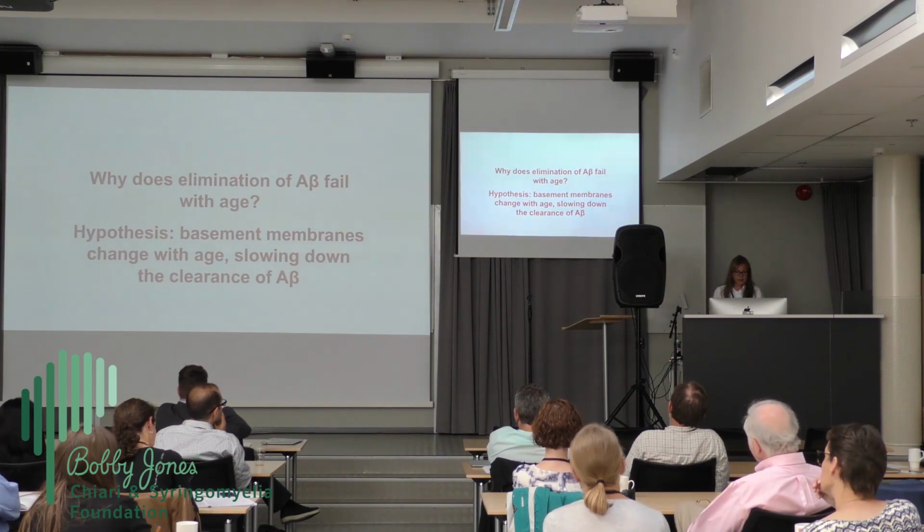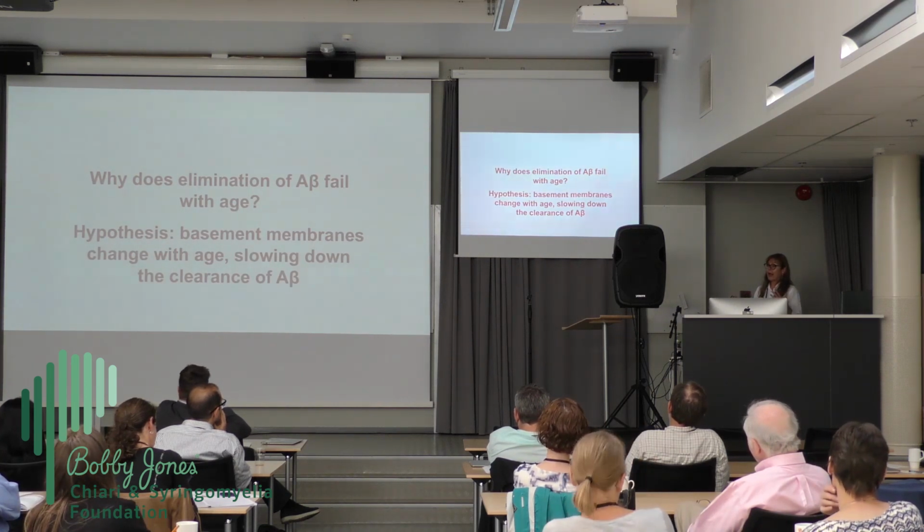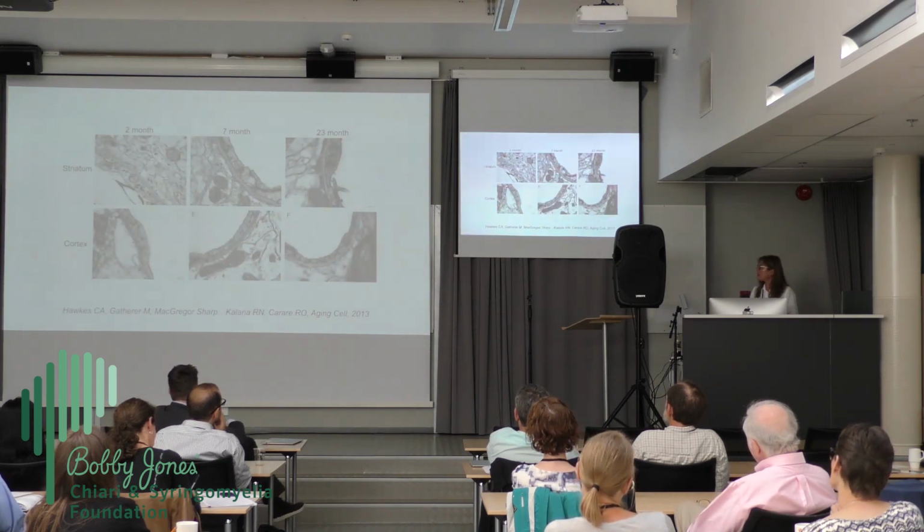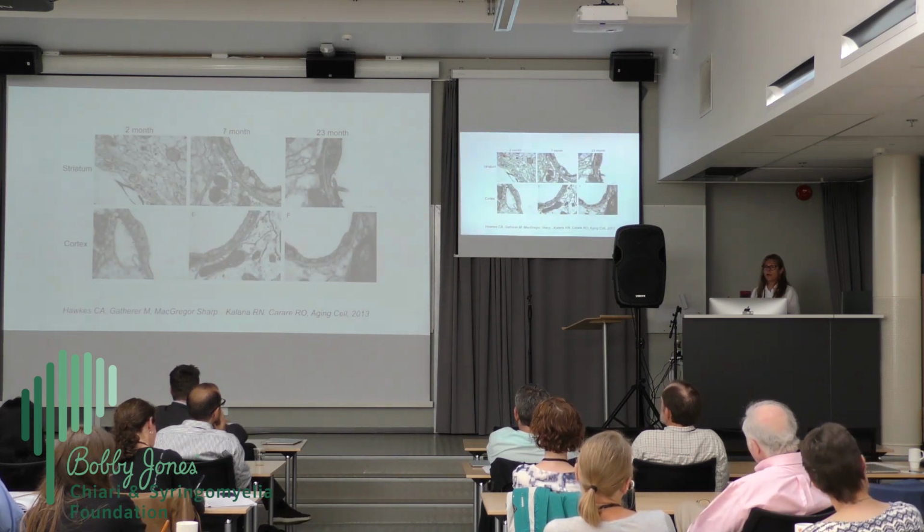So aging is the single biggest risk factor for Alzheimer's disease. Does this process fail and why? Firstly, actually the morphology of the basement membranes of these drainage pathways changes with age.